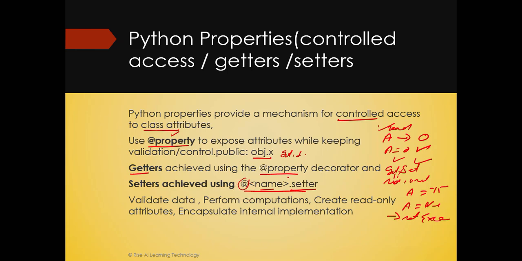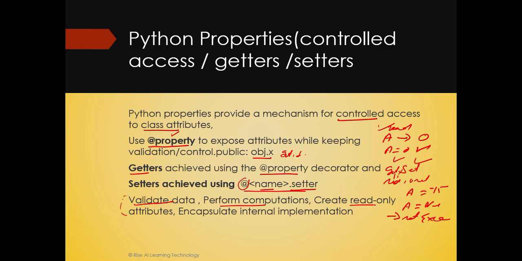We will cover it once we do the hands-on lab: the syntax of how to create a getter attribute and how to create a setter attribute. As I mentioned, if I want to validate some data, such as negative values not being allowed, or I want to do some calculation, or I want to create only read-only attributes, those are the main purposes of getter and setter.